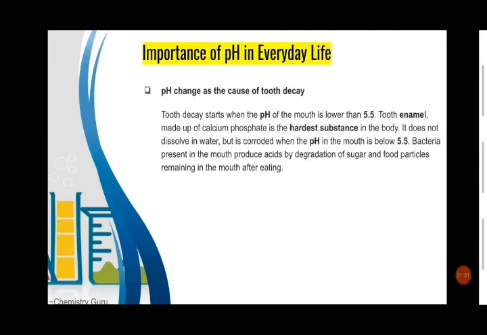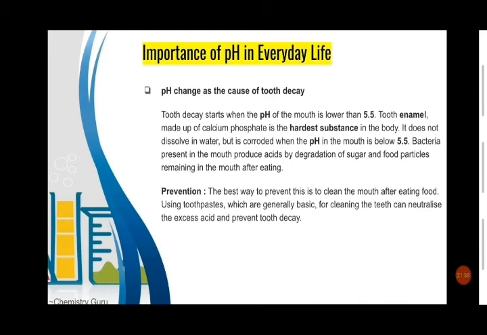Now next is pH change as the cause of tooth decay. Tooth decay starts when the pH of the mouth is lower than 5.5. Enamel is the hardest substance in the body, and it is made up of calcium phosphate. It does not dissolve in water but gets corroded when the pH of the mouth goes lower than 5.5.